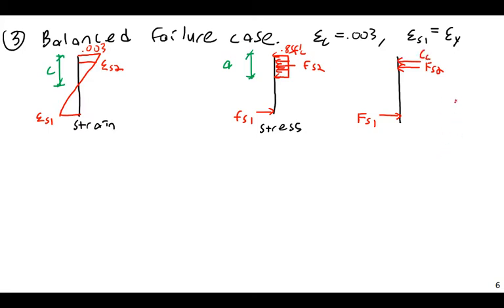All of this must come together to form my Pn and my Mn. My strains will lead to stresses, and those stresses will produce forces, and those forces will produce the ultimate axial capacity and moment capacity of the section.